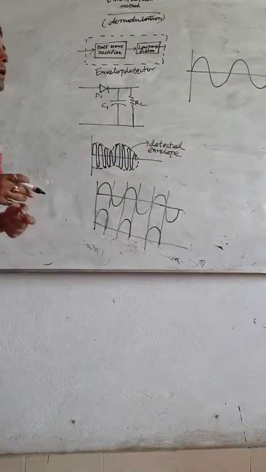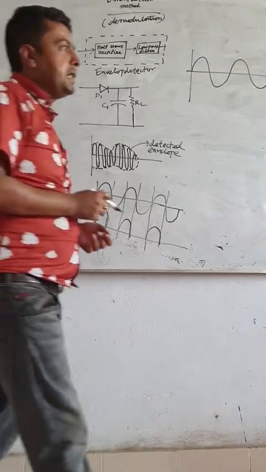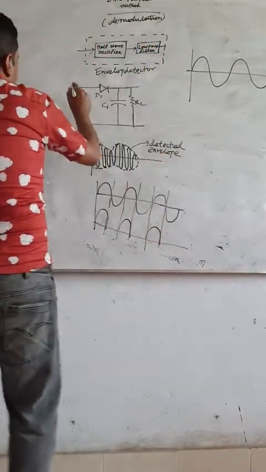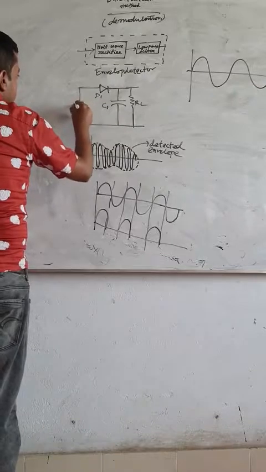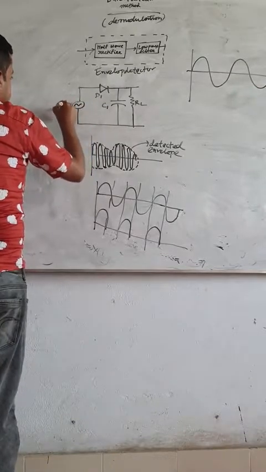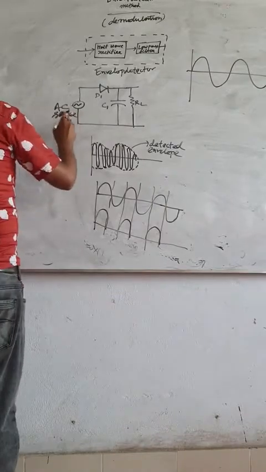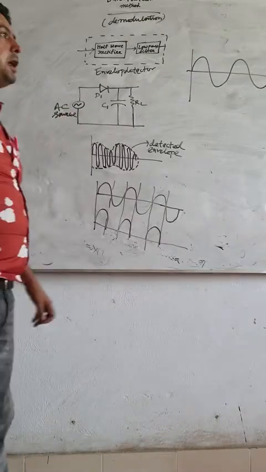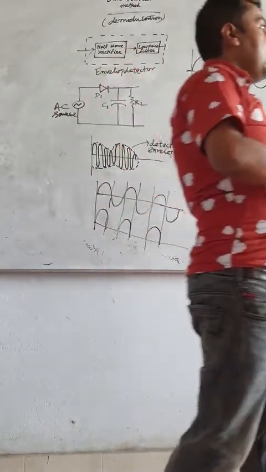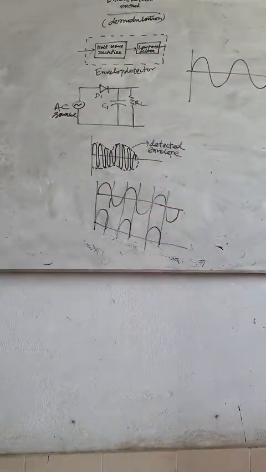What does a rectifier do? A rectifier converts an AC signal to a DC signal. Suppose here we use an AC source, like this. From the AC signal we will get a DC output by using the half-wave rectifier. The capacitor is a DC block.